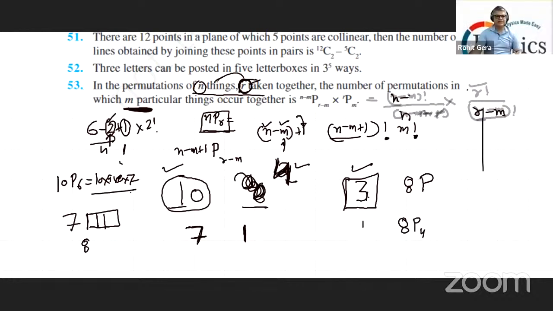But hold on. So there are 2 bundles now. These 2 bundles can be arranged as 2 factorial. And these 3 can also be arranged between themselves as 3 factorial, which means the m things that are together can be arranged in m factorial ways, which is 3 factorial for this question.